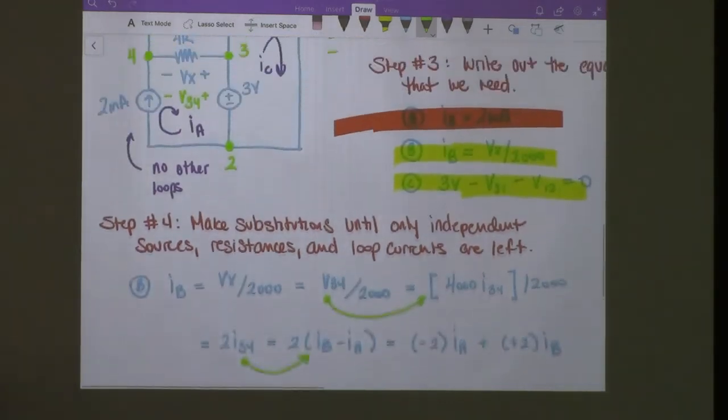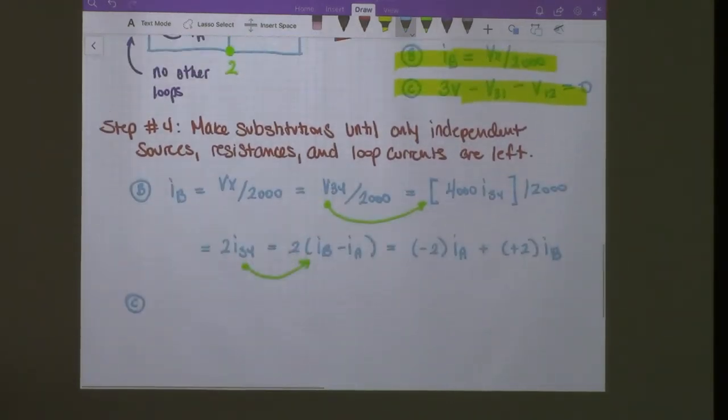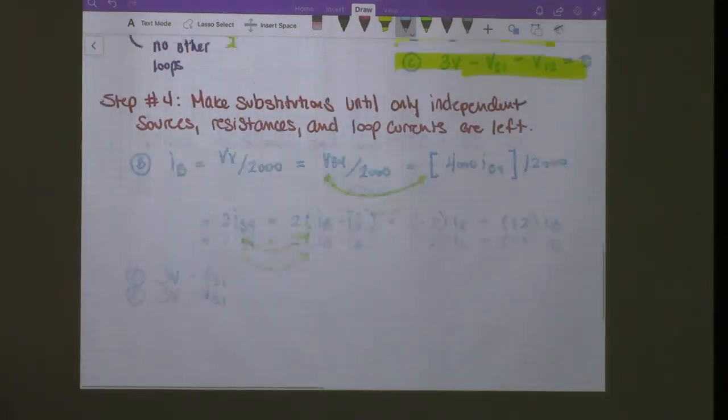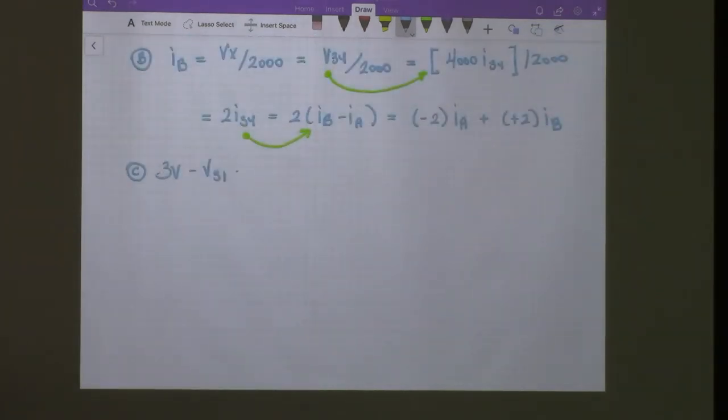All right, so C is a little bit longer. C is 3 volts minus V31 minus V12 equals 0. All right. So what substitutions can we make here? There's several we can make.